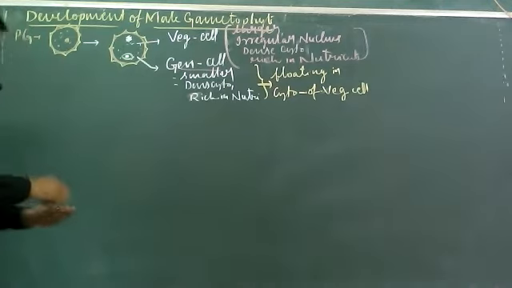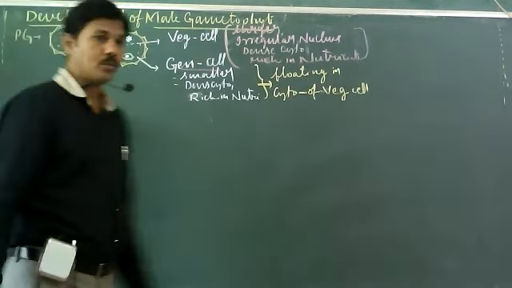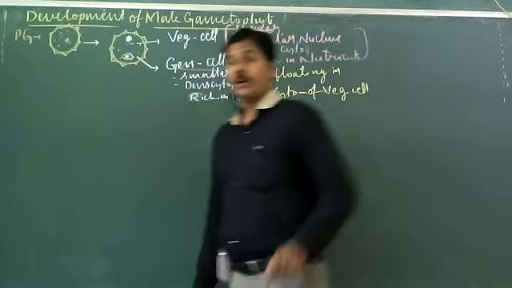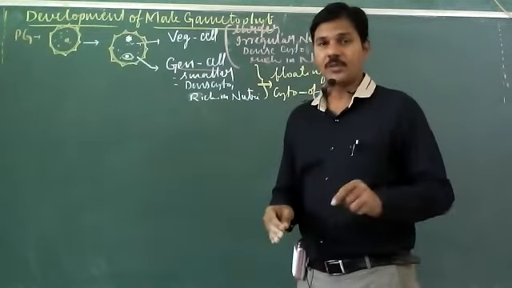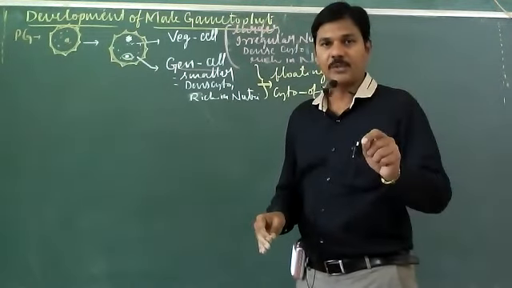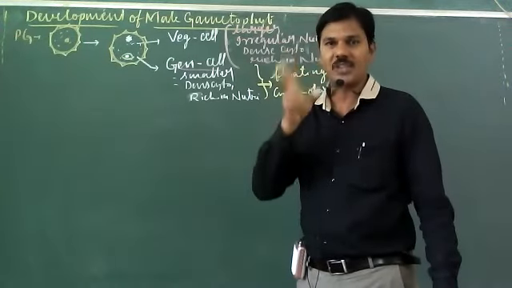One more point, one more question. Already I told you, in most of the angiosperms, about 60% of them, release their pollen grains in the two-celled stage.